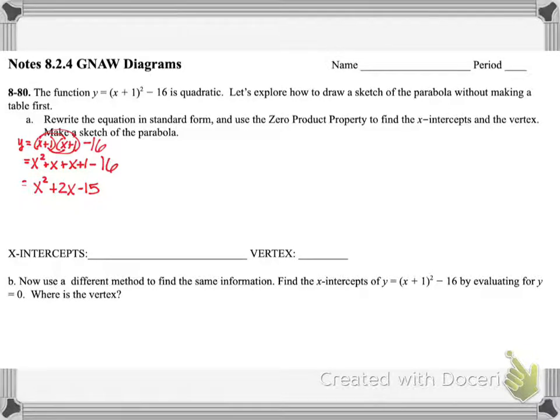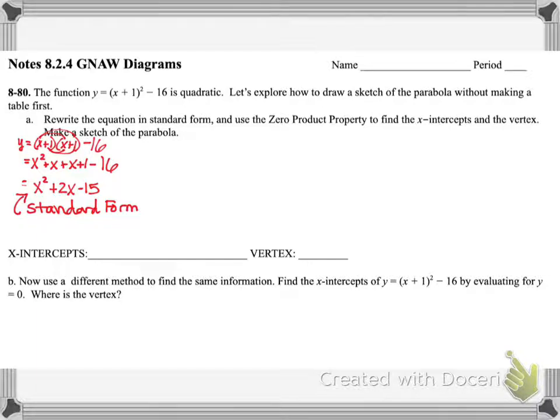Then it says use the zero product property to find the x-intercepts. So when I find my zero product property, I have to remember to do that in factored form because I set the factor equal to 0.